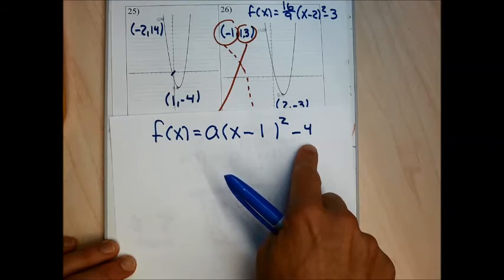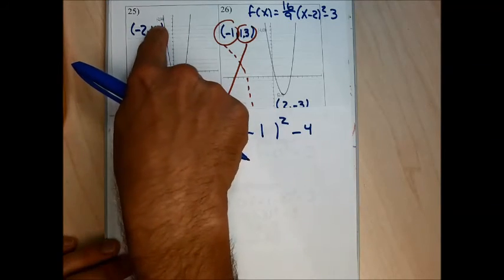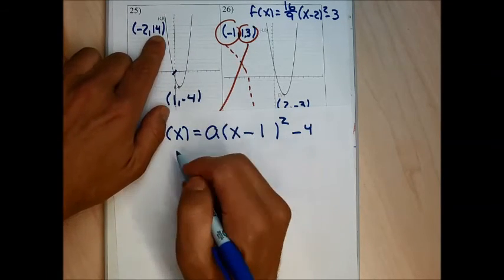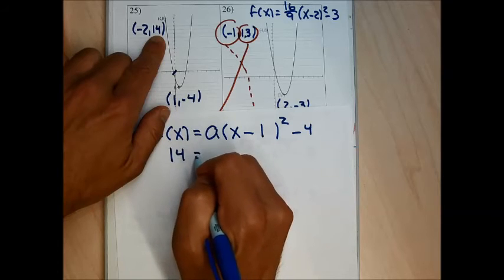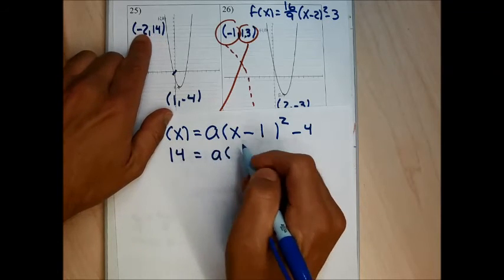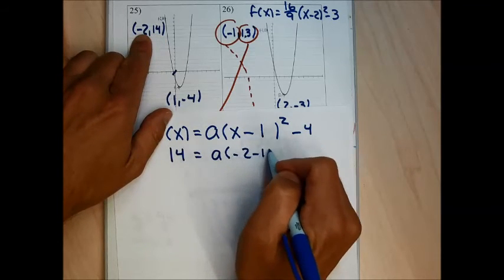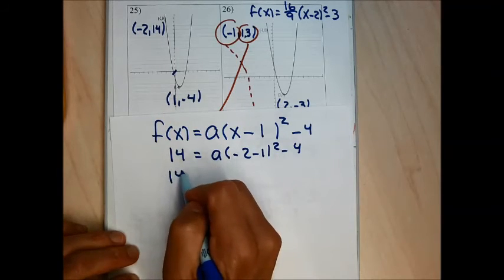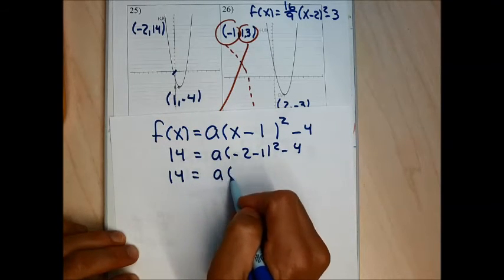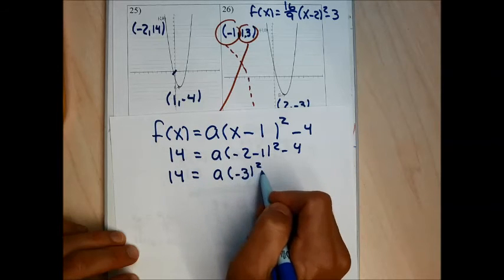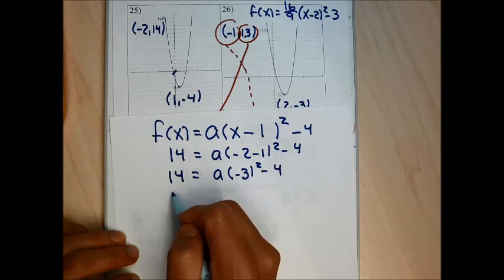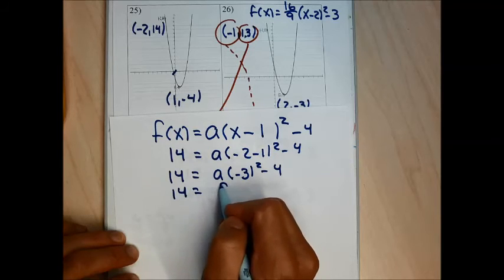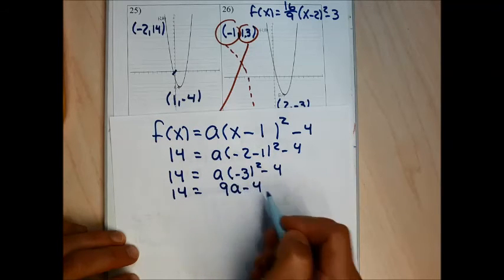To make the parabola go through the point (-2, 14), I'm going to plug 14 in for the f of x, and I'm going to plug negative 2 in for the x, and I'm going to solve for a. This is going to give me 14 equals a times minus 3 squared minus 4. This is going to give me 14 equals 9a minus 4.